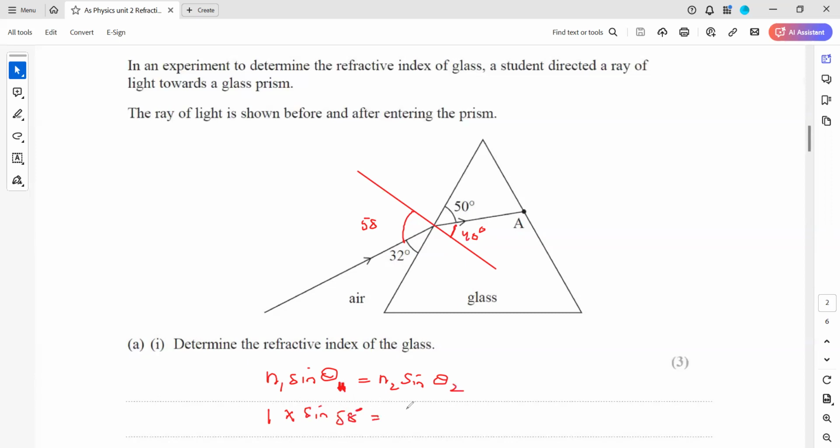Your calculator mode should be in degrees, not radians, when you're solving this question. For a light question, whenever you solve, theta should always be in degrees when you substitute in Snell's law. So when we divide sine 58 over sine 40, that gives us the refractive index of this material, which is 1.32.